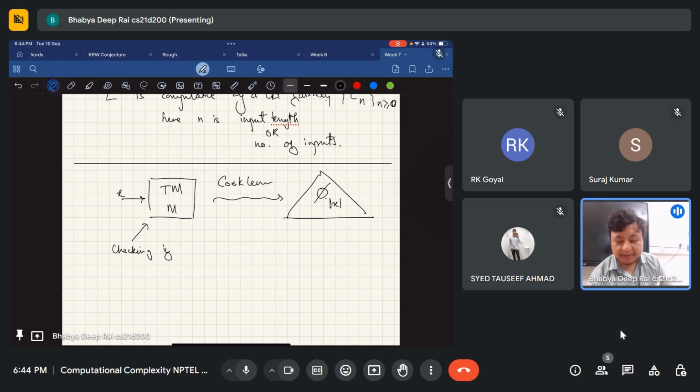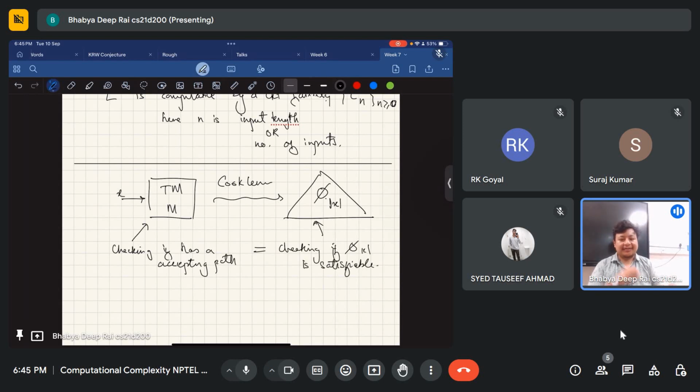Checking if Turing machine M has an accepting path is the same as checking if phi_x is satisfiable.